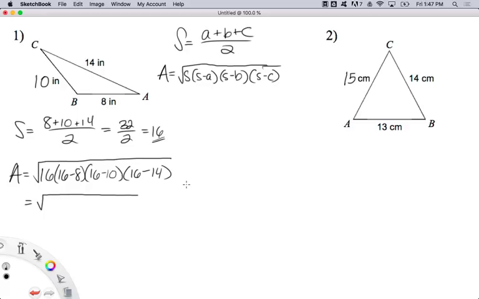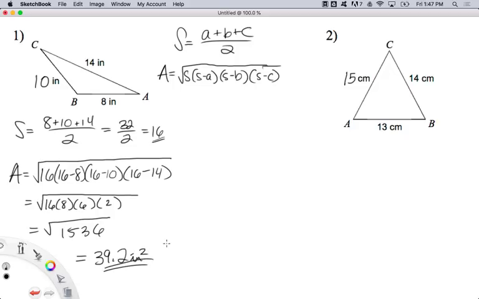Simplify. You guys got this? Yes, sir. Okay. Becomes 16 times 8 times 6 times 2. Plug that in the calculator. 16 times 8 times 6 times 2 is 1536. A is the square root of 1536, which is 39.2 inches squared. Okay?